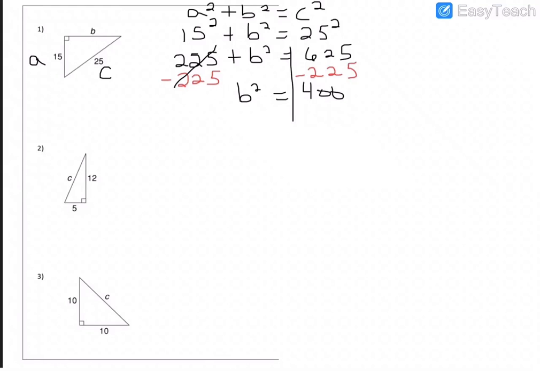To get B by itself, I need to take the square root of both. Square root of B squared is just B, because remember, they cancel each other out. And the square root of 400 is 20. So my answer is 20 for number 1.